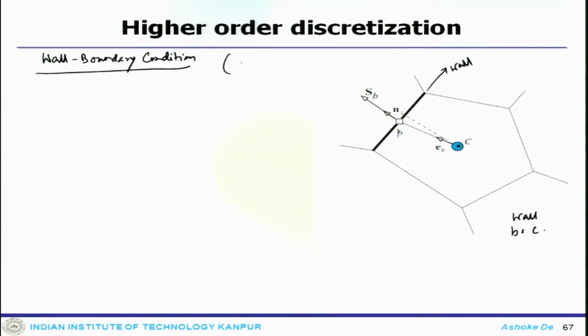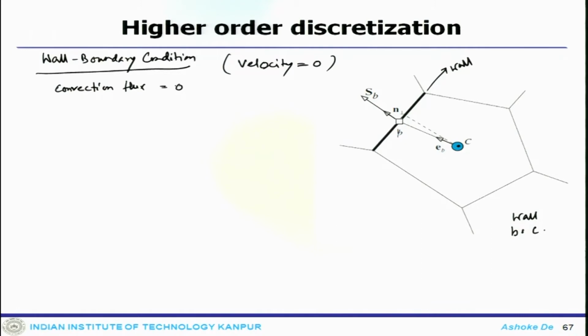The no slip boundary condition says velocity components would be 0 at the wall. That means whatever velocity component, if it is a multidimensional system, you have u, v, w, they would be 0. So the convection flux will be 0, and that does not appear in the algebraic equation.